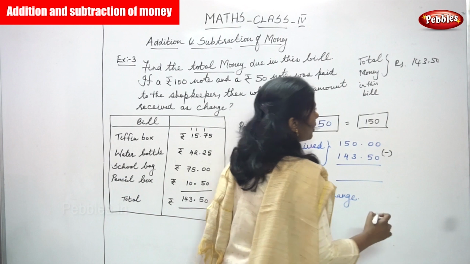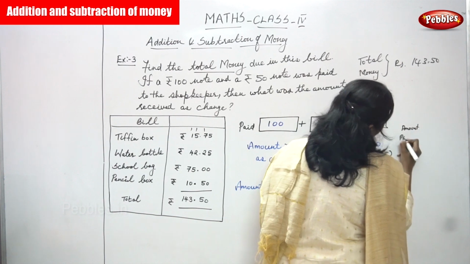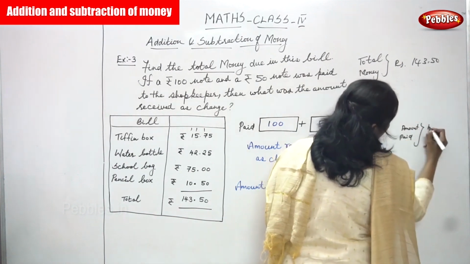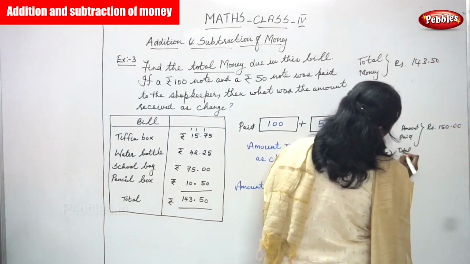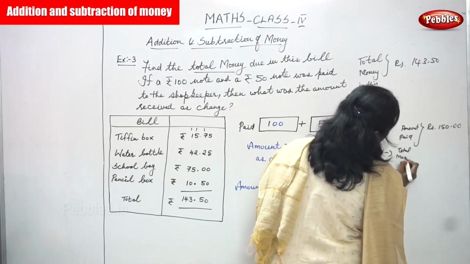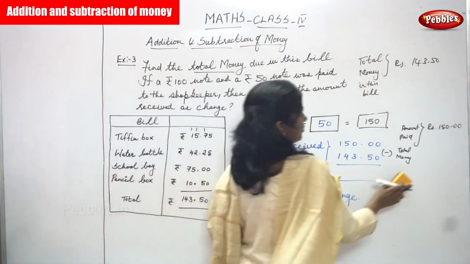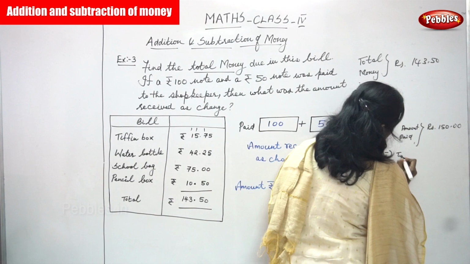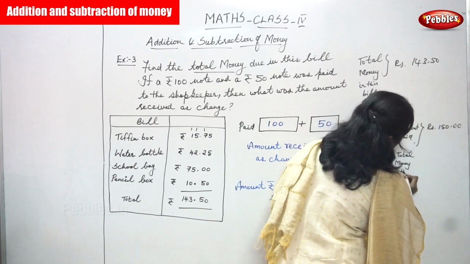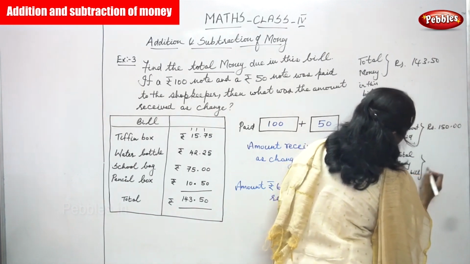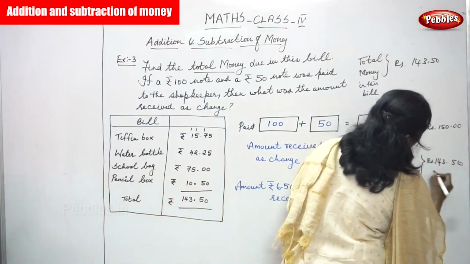What you're going to do is write the amount paid, that is rupees 150, and the total money in this bill, rupees 143.50.